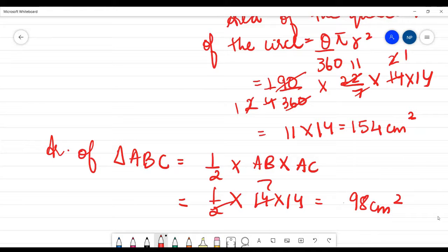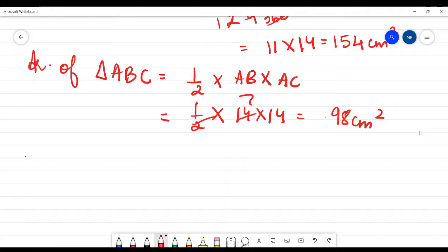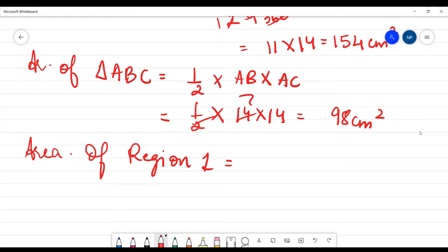So by subtracting the two, we get the area of region 1. Area of region 1 is equal to 154 minus 98. The answer is 56 centimeter square.